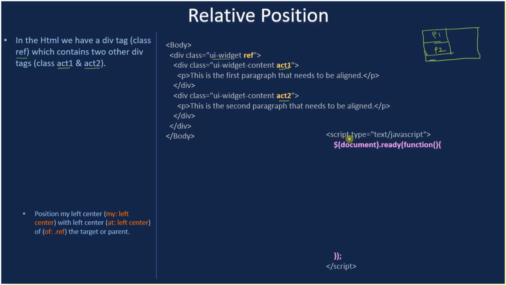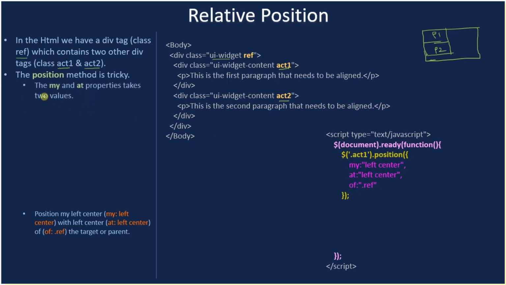Alright, to use the position alignment, we are making use of the $(document).ready. The position method is tricky, and this is how we are calling it. The my and at properties take two values. Here we are making a call to the position method.